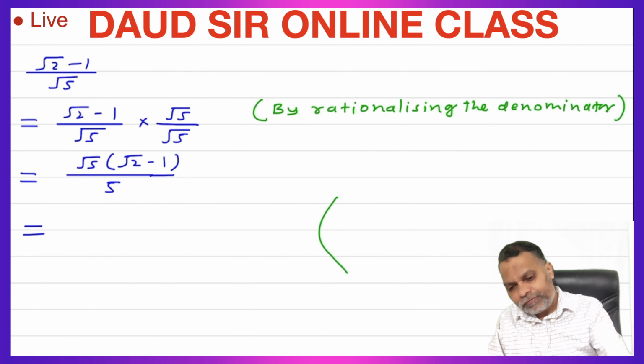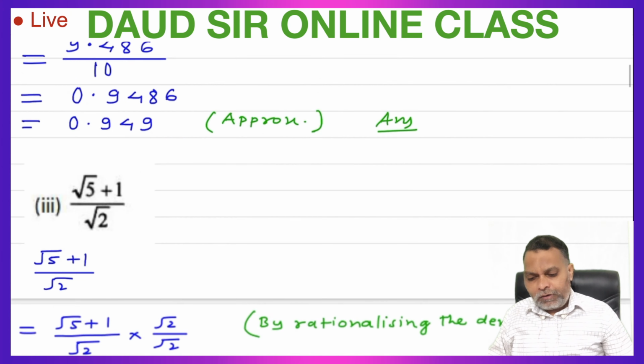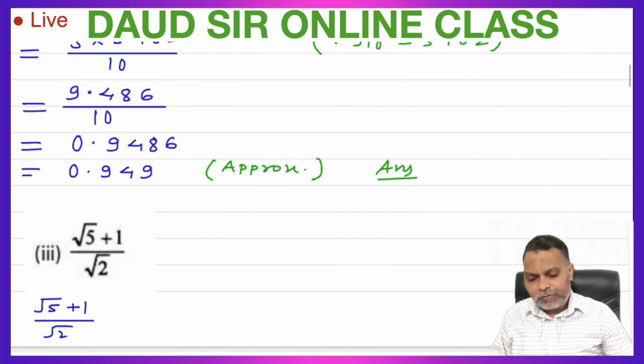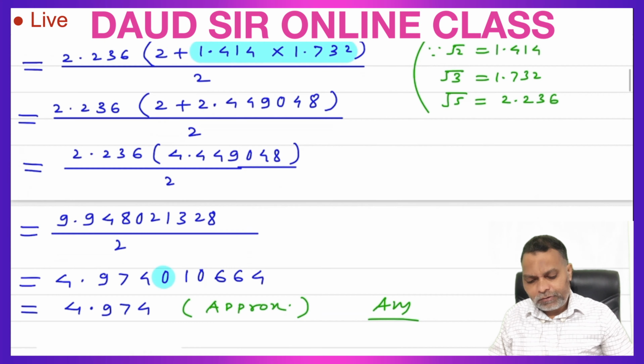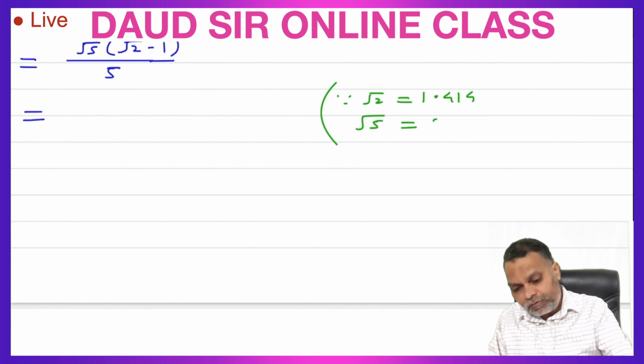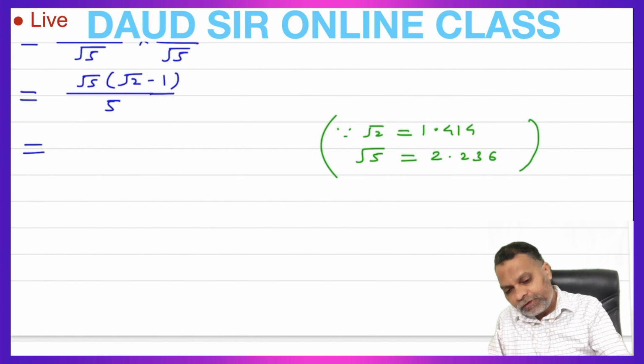Since root 2 is equal to 1.414 and root 5 is given 2.236. Substitute these values.